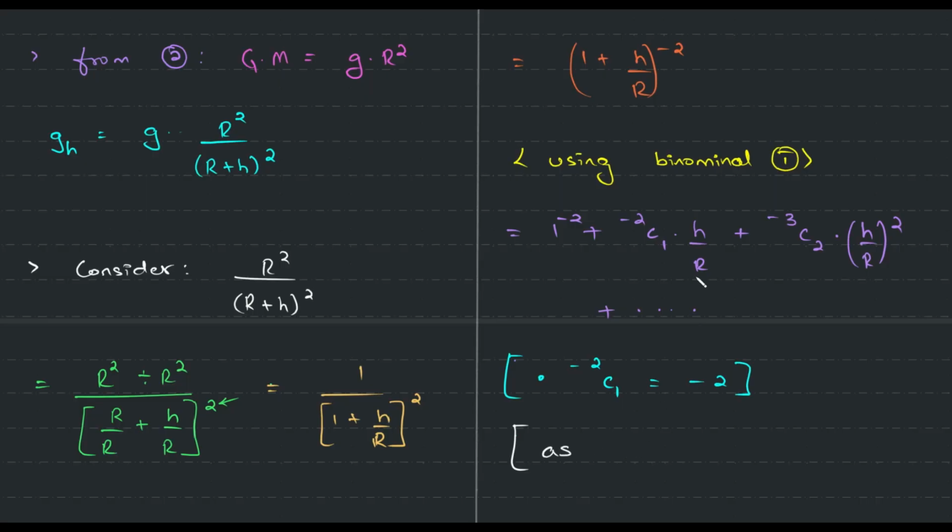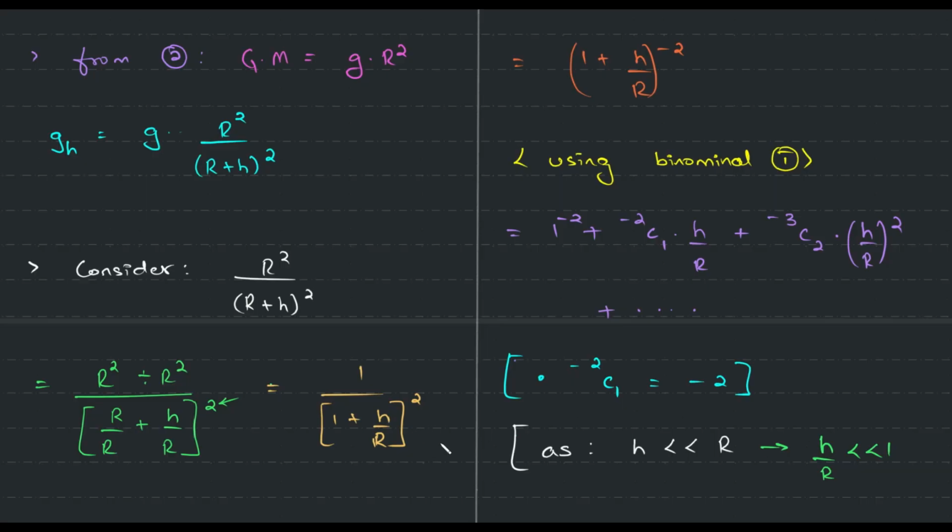Now, we have the term h by r. We know that h is not that big compared to r. It's quite small. We're just talking about a few hundreds of kilometers, for example, or a few thousand kilometers. Around 1000 kilometers, we can consider. The radius of the earth is quite a bit bigger than these values. So from here we can infer that h by r will be a much smaller value than 1.